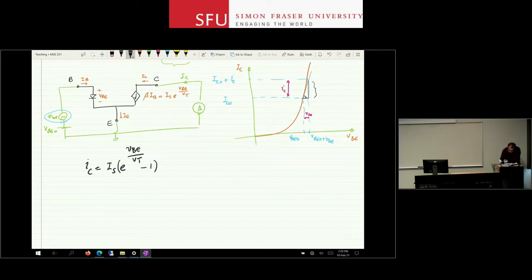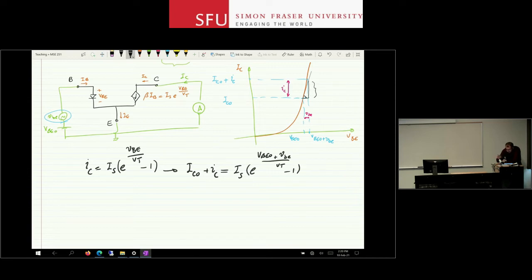So then I can see that IC naught plus IC, this is the DC plus AC component, DC plus the small signal component, is going to be IS e to the VBE naught plus vbe over VT minus 1.